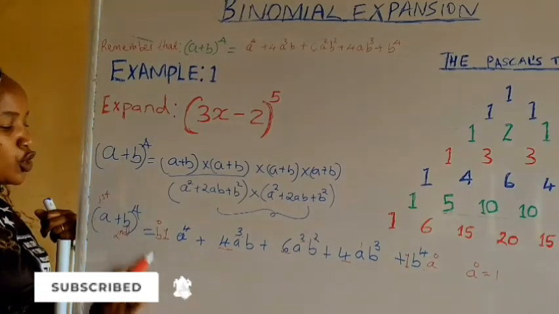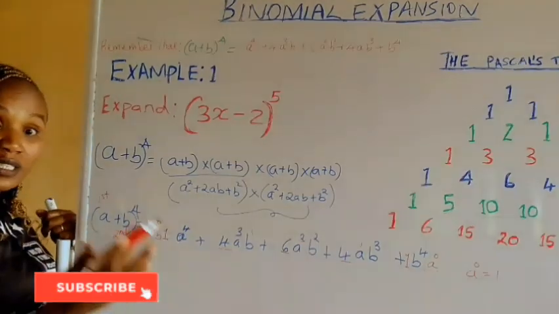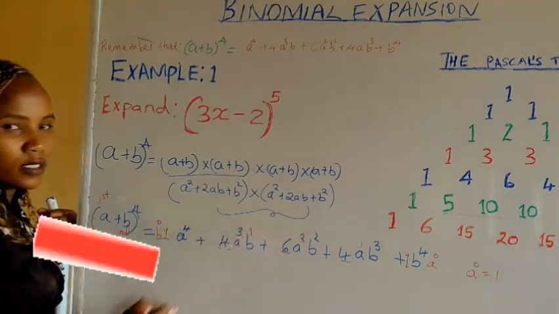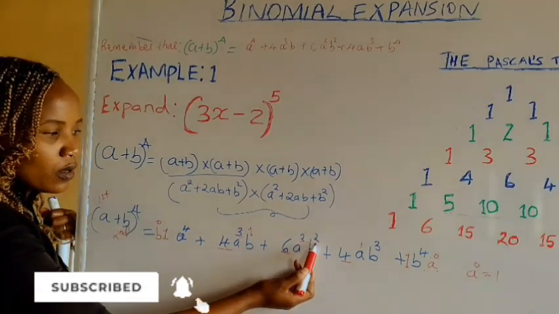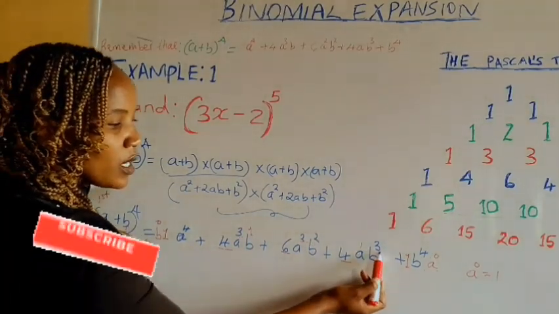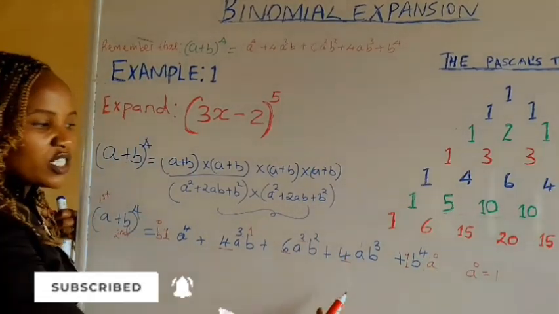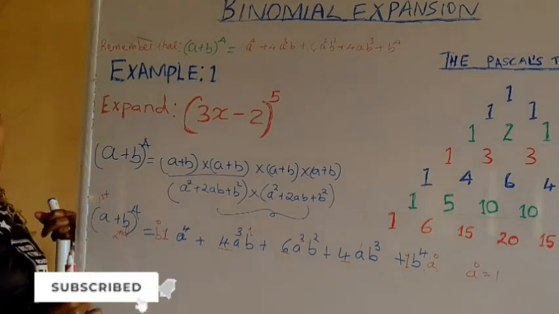So from 0, it increases to 1, even though it is not indicated, it is implied. Then from 1 it increases to 2, from 2 to 3, and from 3 to 4, which relates to the power of our expansion.